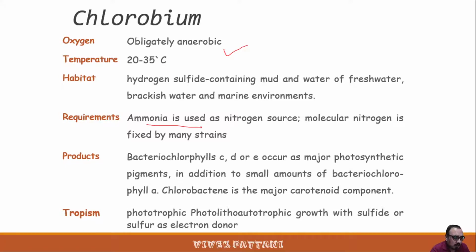They require ammonia as a nitrogen source, and molecular nitrogen is also fixed by some of the strains. Bacterial chlorophyll c, d or e are the major photosynthetic pigments, in addition to a small amount of bacterial chlorophyll a. Chlorobactene is the major carotenoid component, and they are photolithotrophic with sulfide or sulfur as the electron donor.